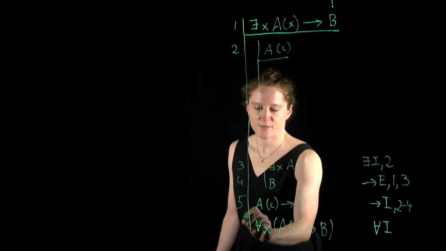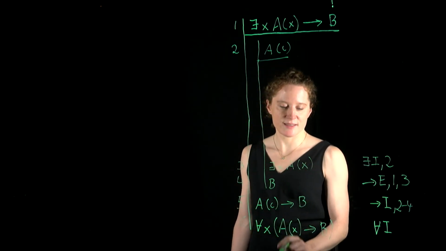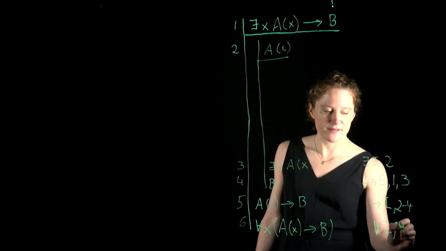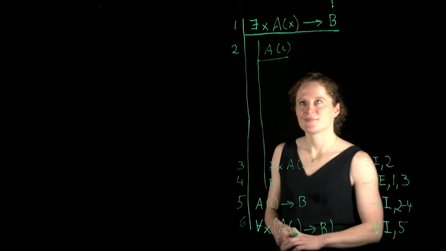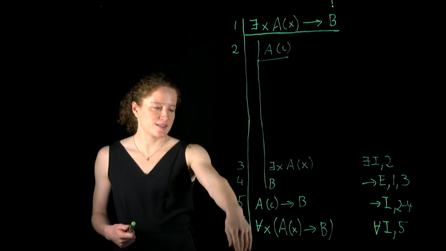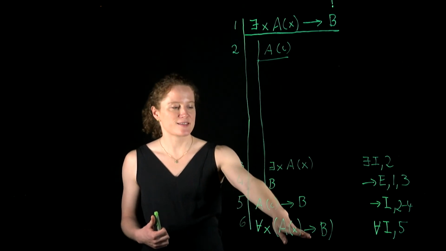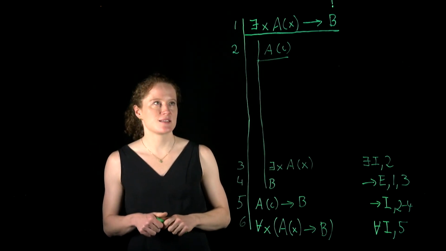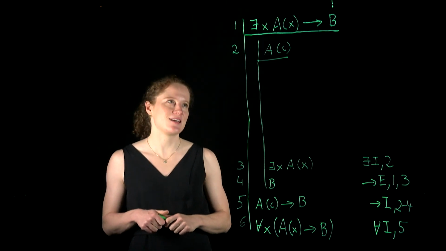And I can infer my conclusion that for all x, if Ax then B, using universal introduction applied to line 5. So that's our proof showing that the sentence for all x, if Ax then B, follows from the premise that if there's an x such that Ax, then B.